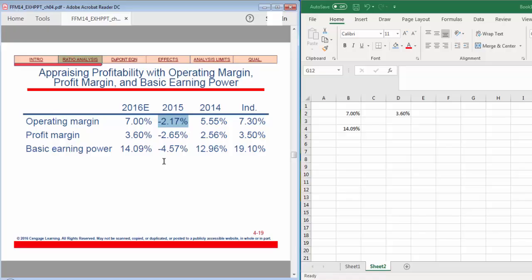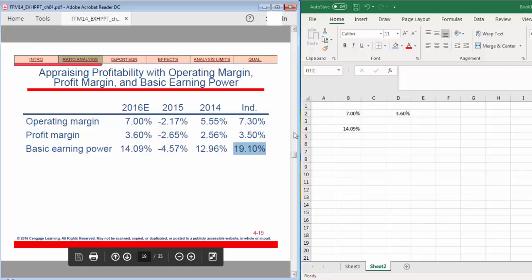Now it's 7%, which is a whole lot better. Profit margin was negative 2.65. Now it's 3.6, which is going to be better than industry. Industry is only 3.5. Basic earning power compared to the total assets is 14.09, which is a whole lot better than negative 4.57, though the number is still a little less than industry average.